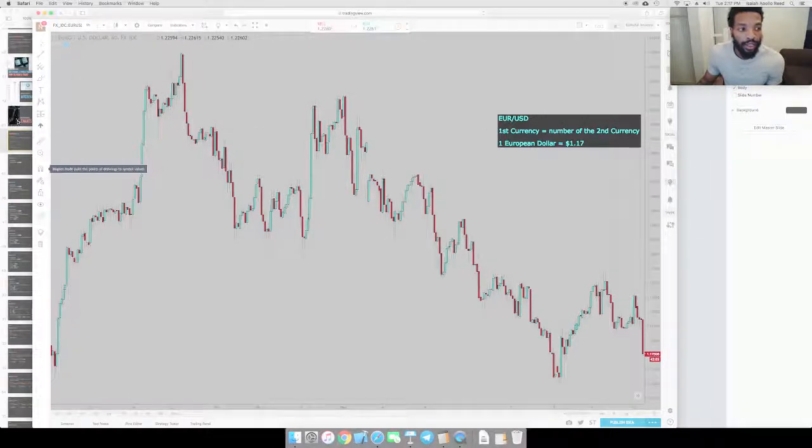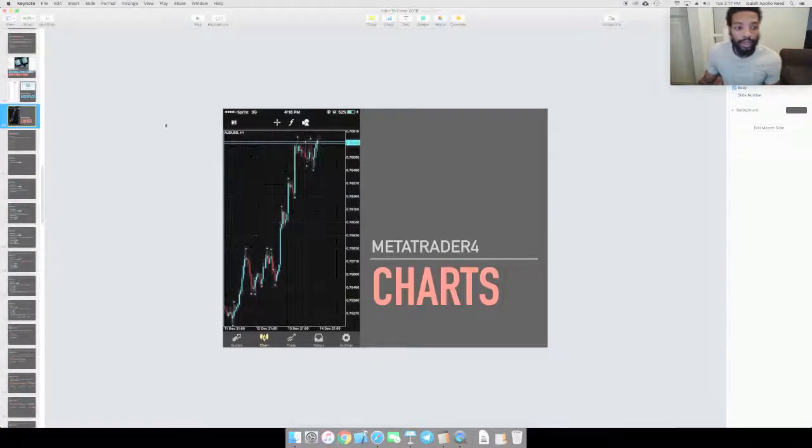Let's go back. I'll give you guys another example. This is the Australian dollar versus the United States dollar. What's happening here is 1 Australian dollar is equal to 0.76 United States dollar.